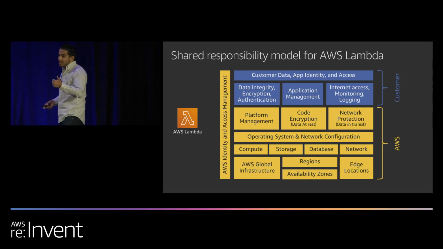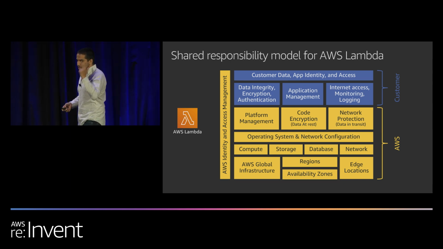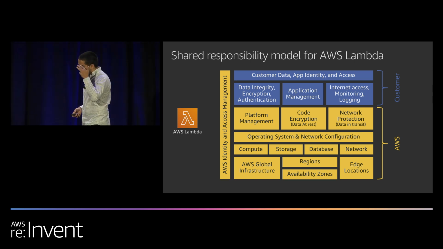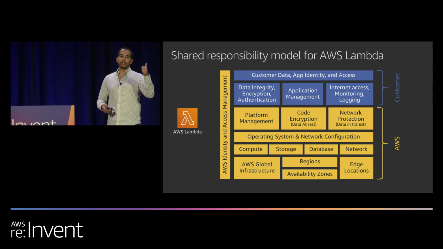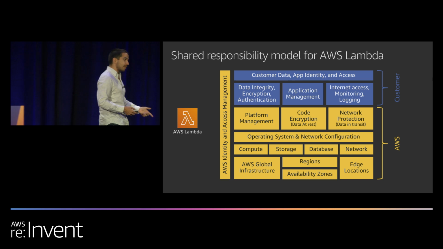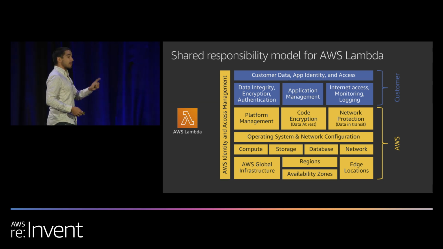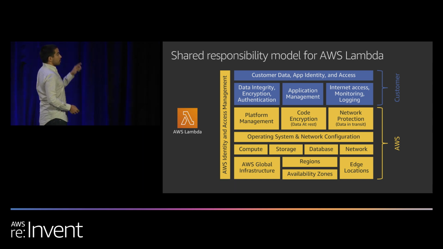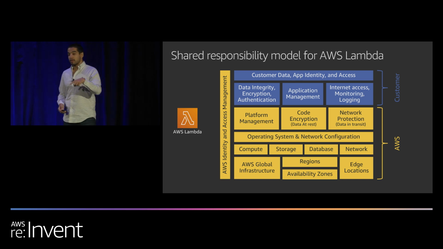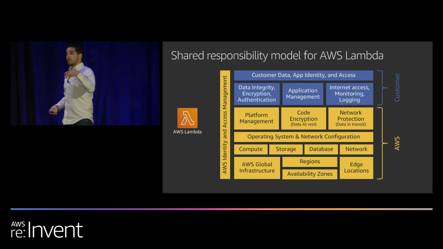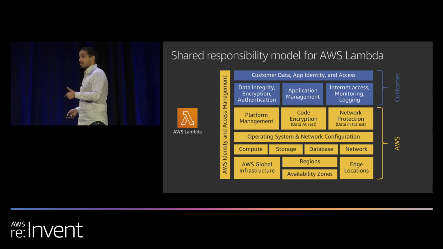So AWS is managing the underlying infrastructure, the foundational services, the operating system, and the Lambda application platform is handling your code, encrypting your code at rest. But you're still responsible for the security in your code. You're still responsible for protecting your users' data and the way you're accessing data using these Lambda functions.